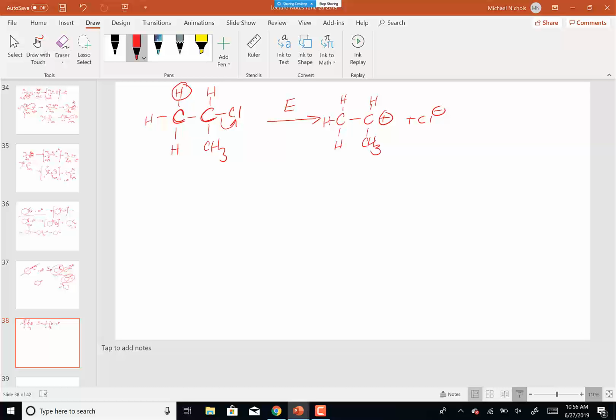And if I lose that hydrogen and that chlorine, I could basically lose HCl and form a double bond between those two carbons. For the sake of argument, I'll call this carbon 1, carbon 2. So if I lose a hydrogen attached to the carbon attached to the carbon with the leaving group, then I can form a double bond by eliminating HCl.